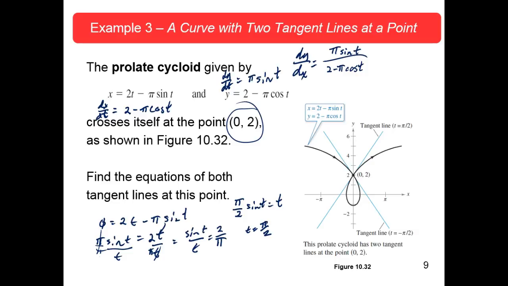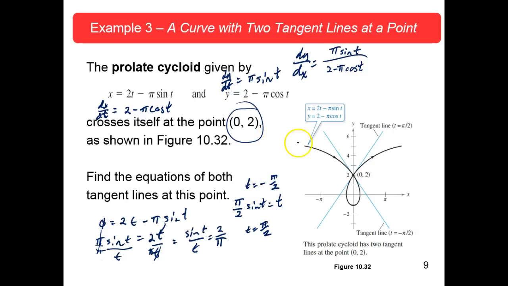Now, let's see when t is equal to minus pi halves, sine is minus 1, right? So then it would be minus pi halves is equal to minus pi halves, so there's another one. So t is equal to minus pi halves.